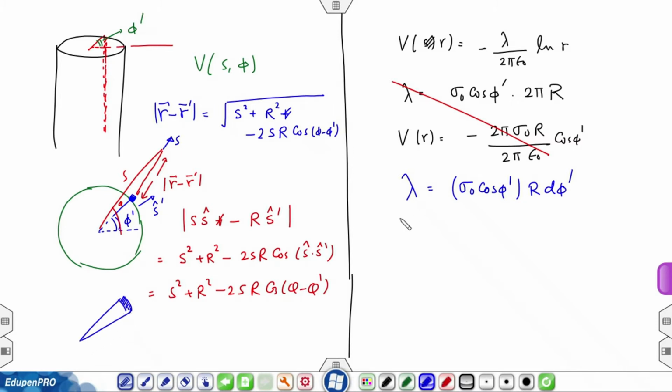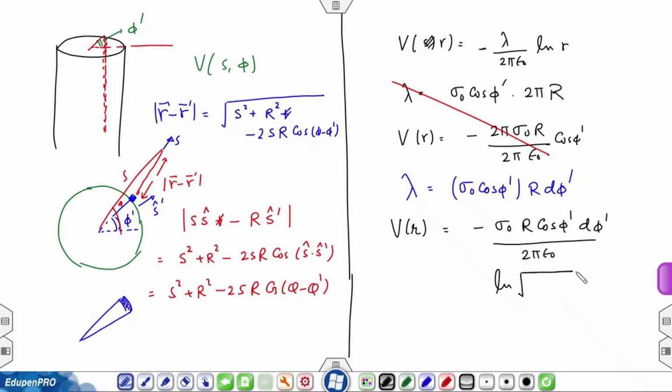So, I am going to have V due to this is equal to minus sigma naught r cosine phi prime d phi prime over 2 pi epsilon 0 log of square root of s square plus r square minus 2 r s cosine of phi minus phi prime.